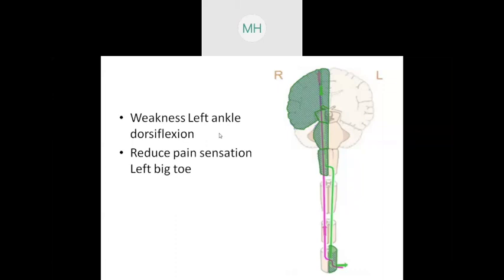It's not ipsilateral, it's contralateral. So you see that the spinal cord level needs physical examination to elicit more symptoms or signs for this patient.